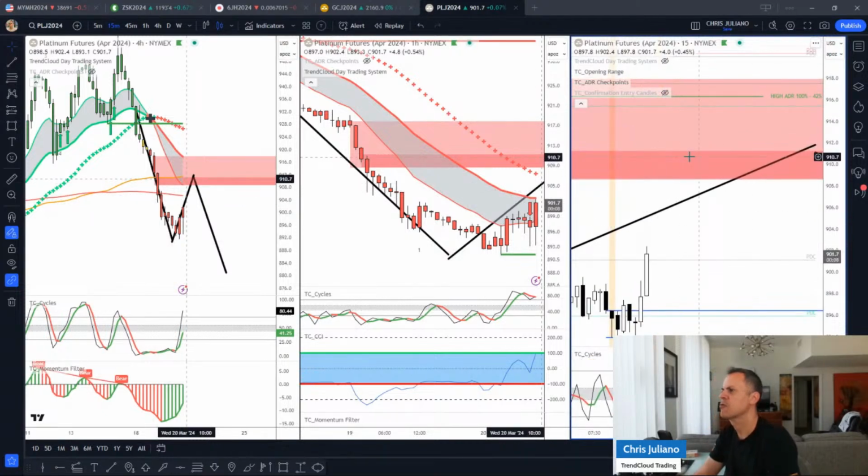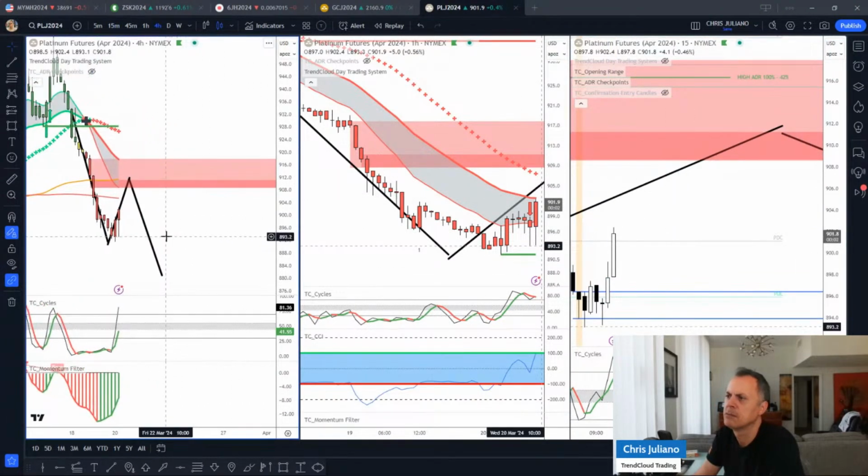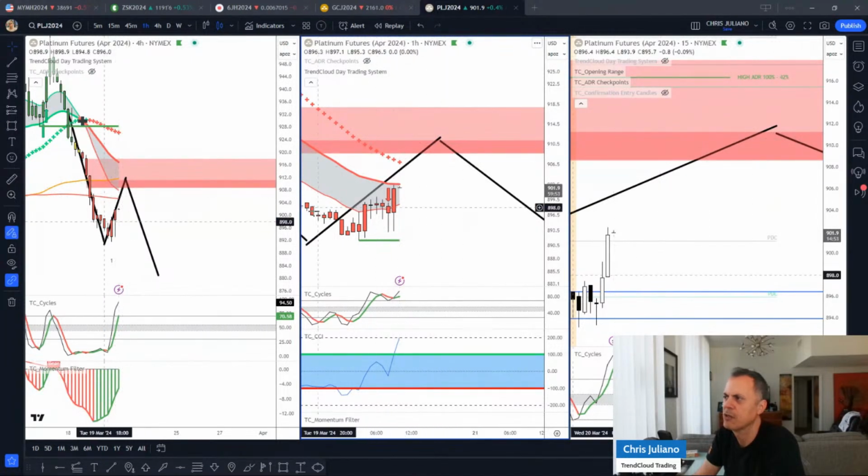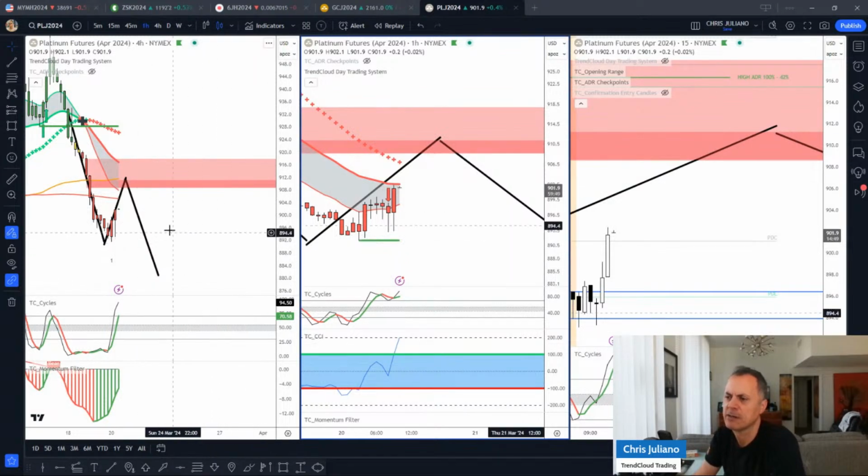That is a very interesting area right there. That could be a turnaround point. So as this is pulling back, we could hit this level, this formation, to continue the downtrend, right?